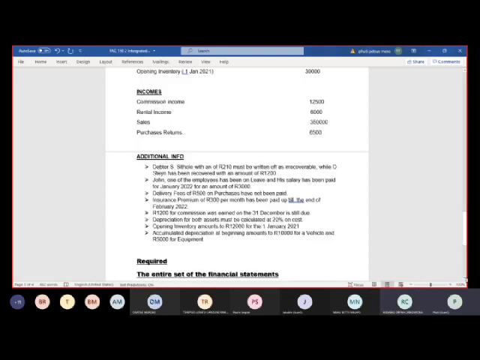As you can see under this additional information, do you think there's anything that fits under your income statement? I see that there's a 1,000 that was earned, but it's still due.